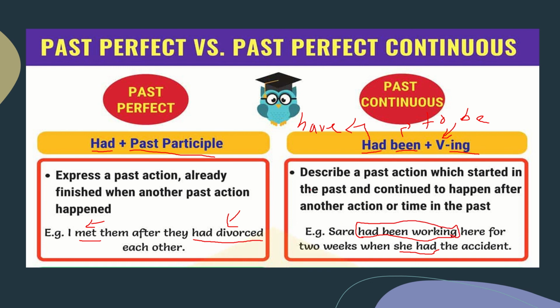It's the same. It's a past action which started in the past and continued to happen after another action or time in the past. Okay? I hope that made sense.